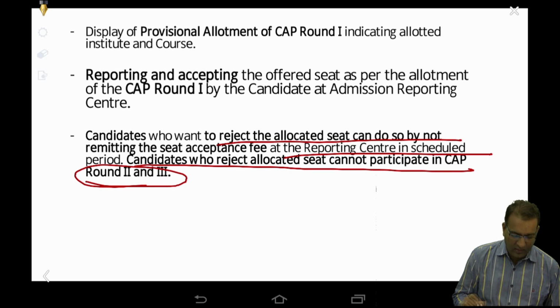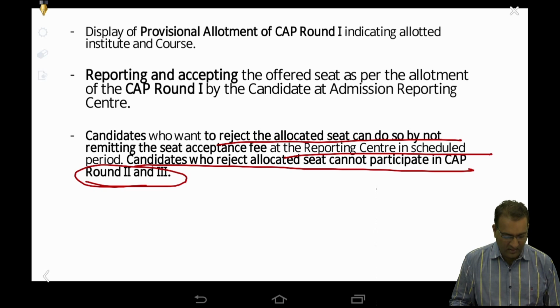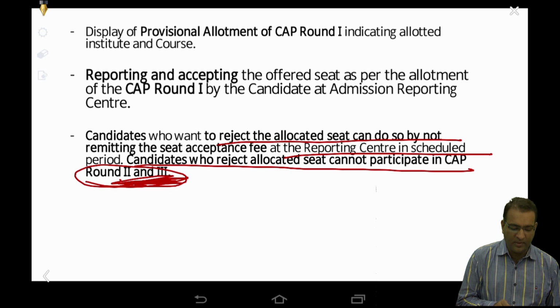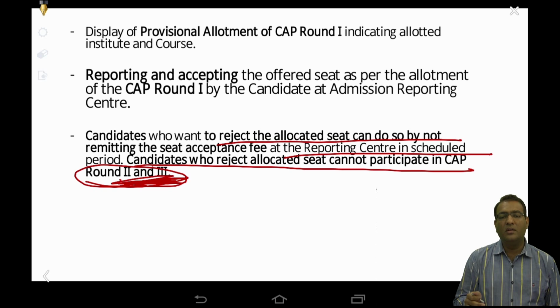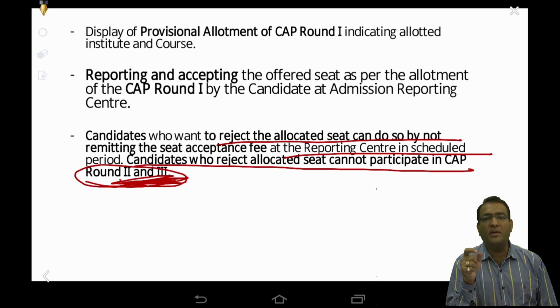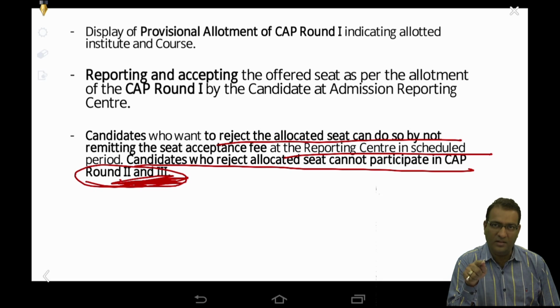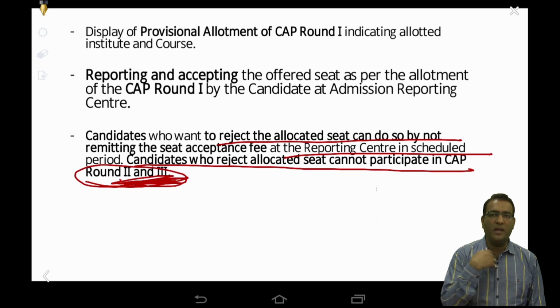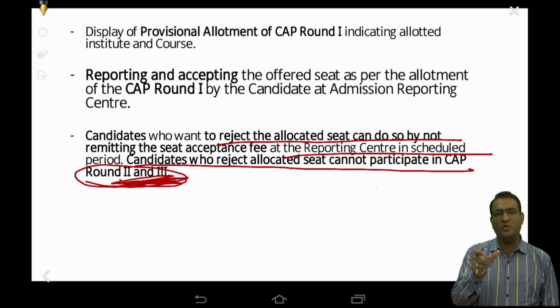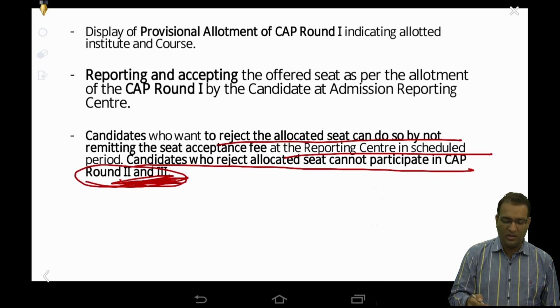Candidates who want to reject the allotted seat can do so by not remitting the seat acceptance fees at the reporting center. This is for people who cannot participate in round 2 and round 3: people who get the first allocated seat. Whatever is your first option, if you get that seat, you cannot participate in round 2 and round 3. So we always tell people that the first option you mention has to be JB.